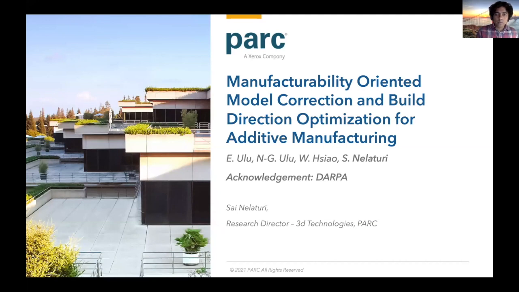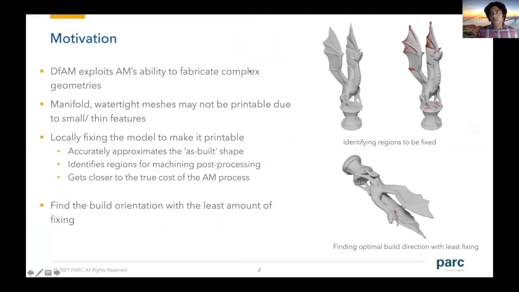So going to this paper, the motivation really comes from the gap that exists between the ability of design for additive manufacturing to exploit what we can do with the manufacturing process to fabricate really complex geometries, and the work that needs to be done in order to process three-dimensional models to make them manufacturable.